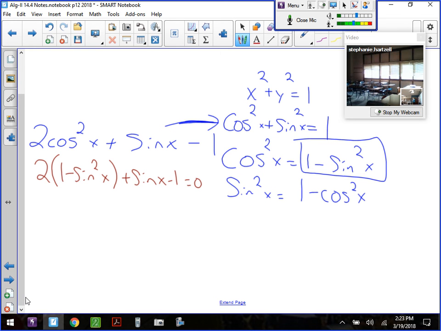And what you do here is just rewrite a substitution step. Because now, what do I do with that 2? Yeah, you distribute. If I distribute that 2 across, you get 2 minus 2 sine squared plus a sine x, minus 1 is 0.